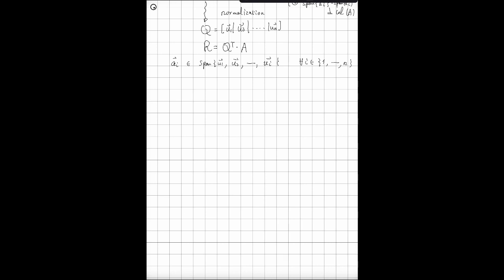Let's write it precisely. Let's say A1 equals R11 U1, everywhere else 0. A2 equals R12 U1 plus R22 U2.